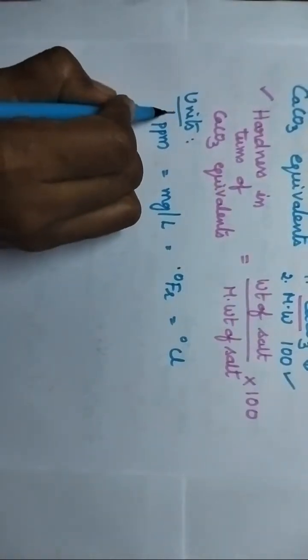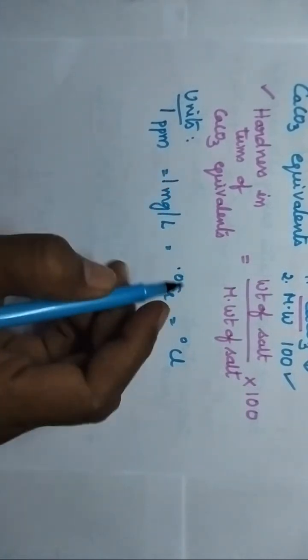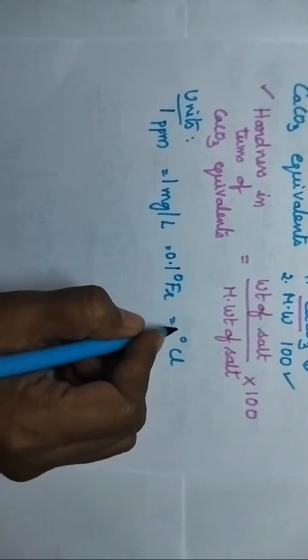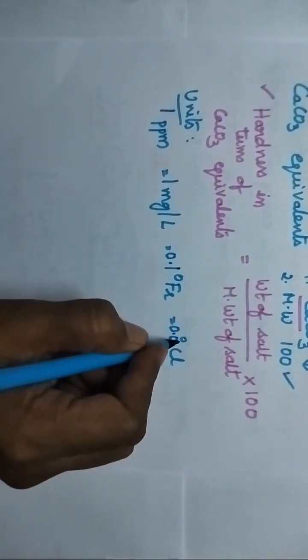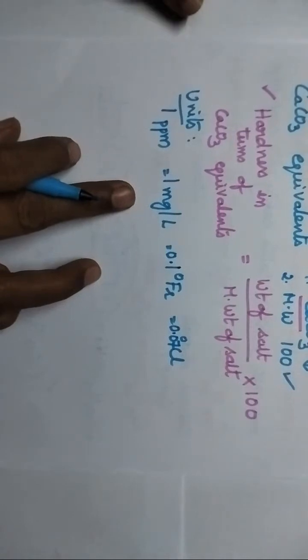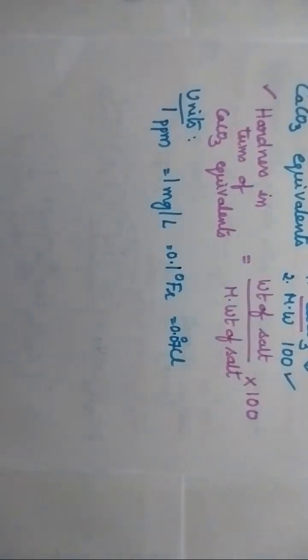So what are the units used to express total hardness? ppm or mg per liter or degree French or degree Clark. So 1 ppm is equal to 1 mg per liter, and that is equal to 0.1 degree French, and that is equal to 0.07 degree Clark. This is the relation among the units.